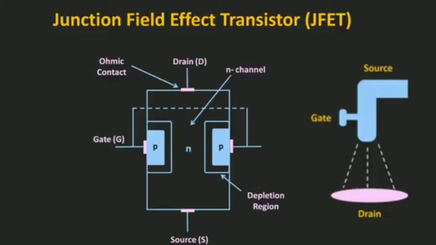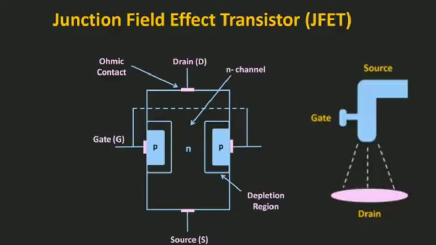Now let's see exactly how this JFET works by taking the example of this N-channel JFET, and let's also see what should be the exact polarity of the voltage between the drain and the source terminal, as well as between gate and the source terminal. First of all, let us assume that the gate and the source terminals are connected together.